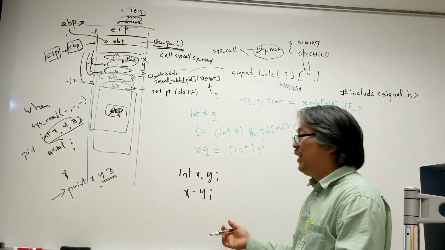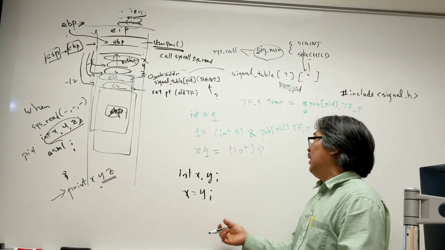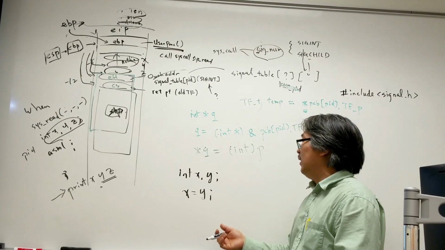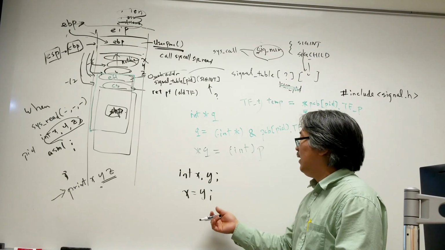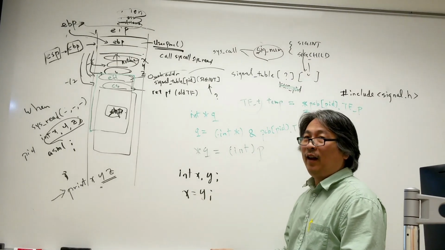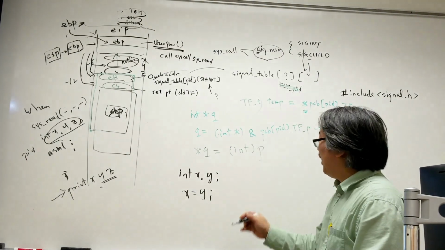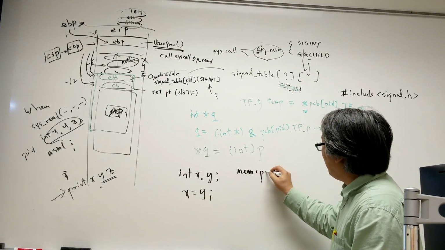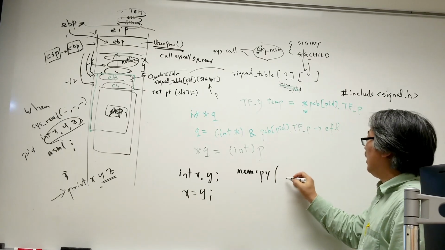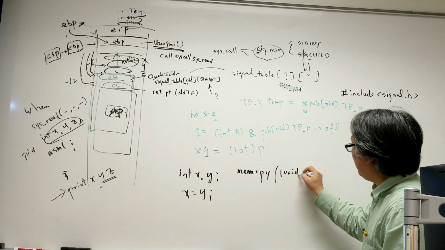Okay, if you have this in CSC159, you're not using Java, you're using C. You don't use equal sign. You use memcpy, or just call the memcpy from the C library runtime, and that will be okay too. And then that's a void pointer.